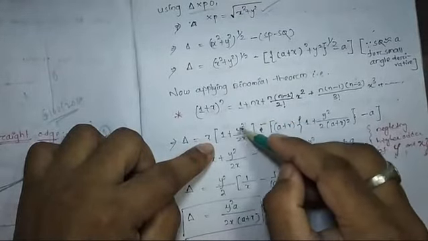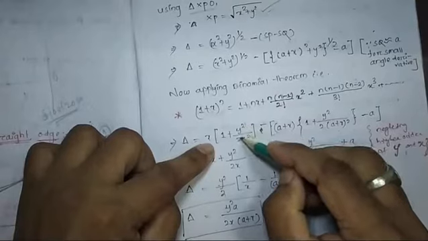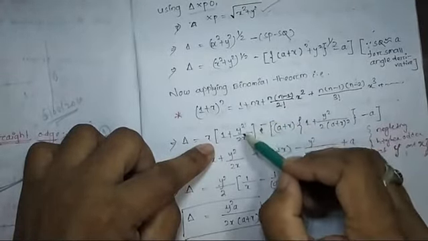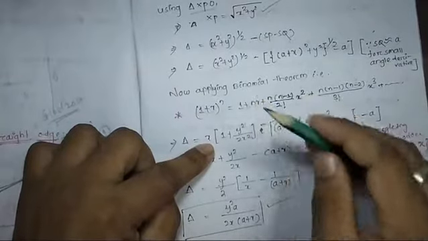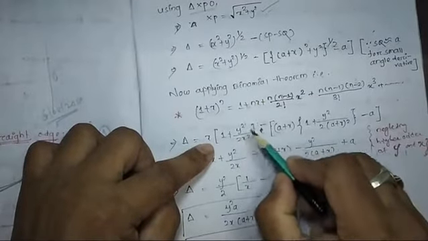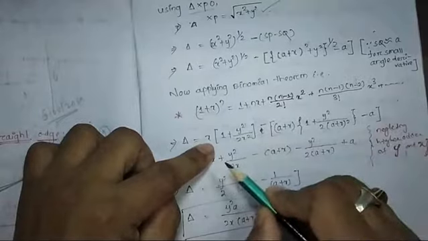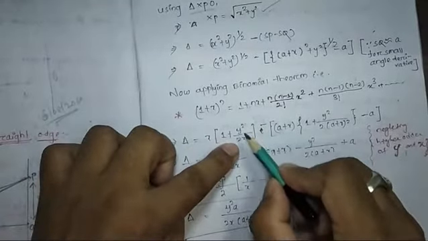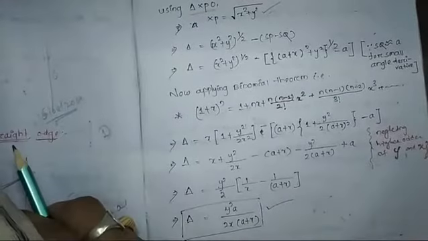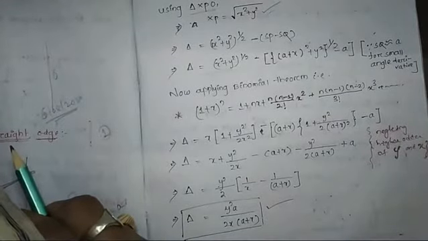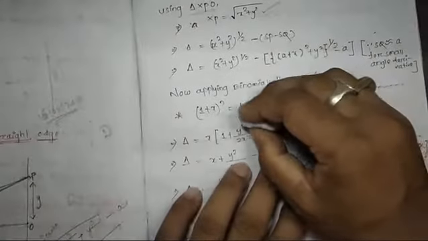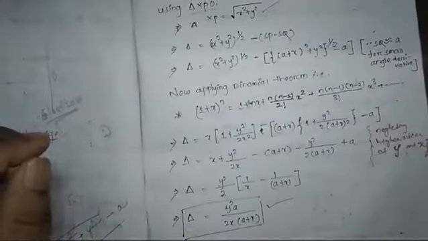Applying the binomial theorem, it will be 1 plus y squared by 2x squared plus n(n minus 1), where n is 1 by 2.